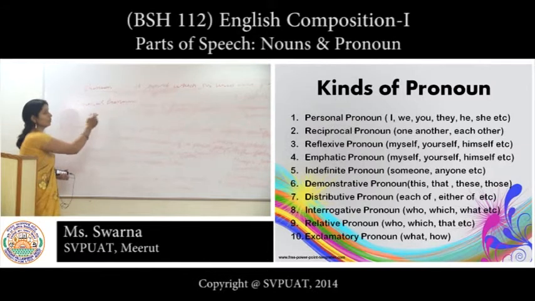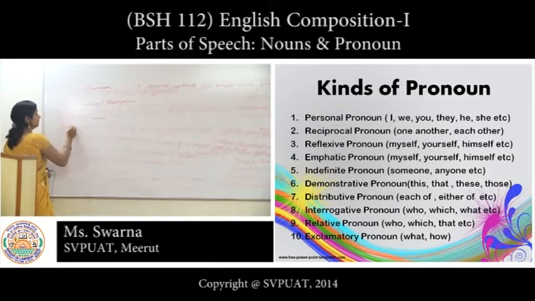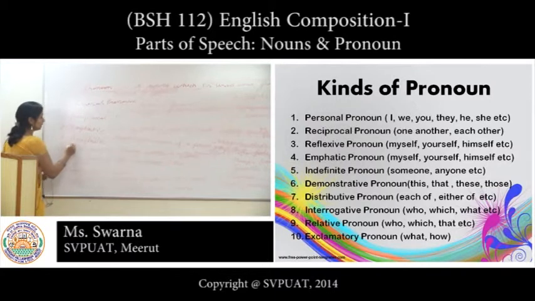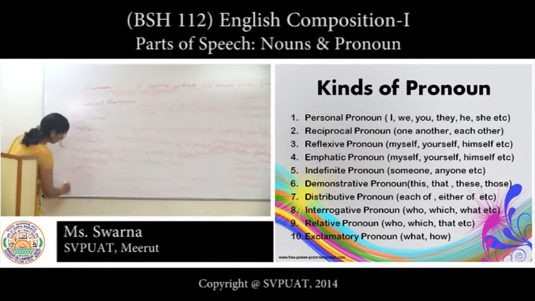Second one is reciprocal, third one is emphatic, and fourth one is indefinite. Fifth one is demonstrative, sixth one is distributive, seventh one is interrogative, eighth one is relative, and ninth one is exclamatory pronoun.